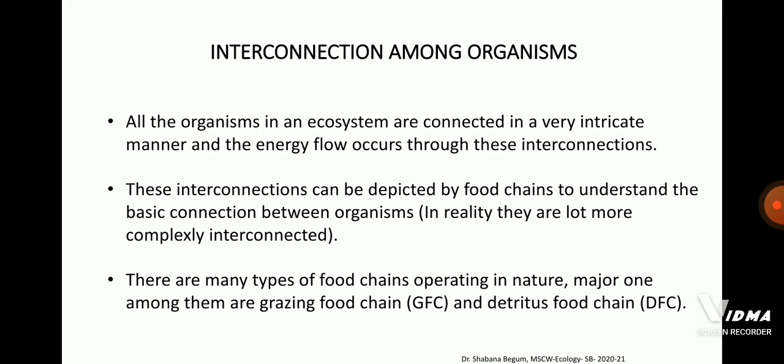Food chains are mainly of three types: grazing or herbivorous food chain, detritivorous food chain, and parasitic food chain. What are trophic levels? These are the representations of organisms' position in the food chain. For example, the green plants represent the first trophic level in any ecosystem.